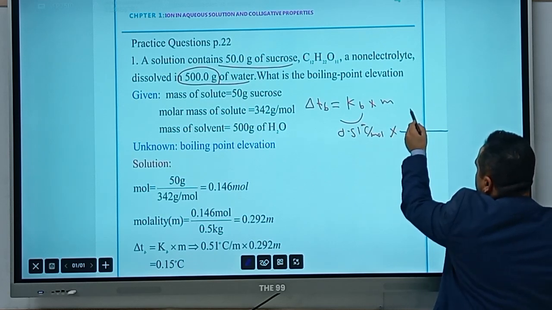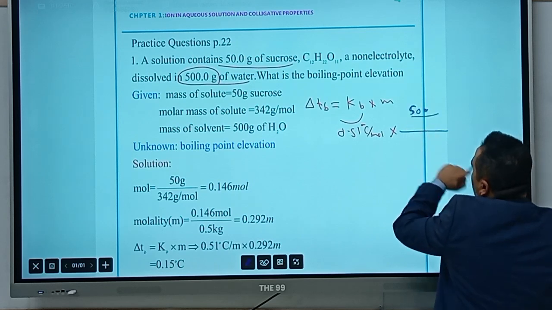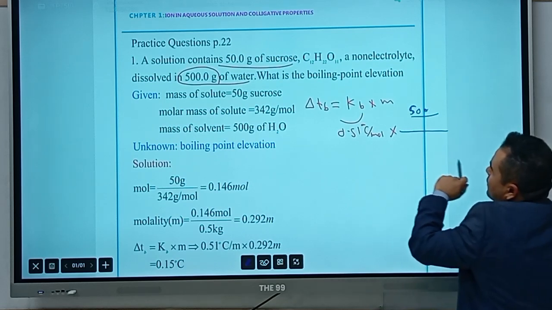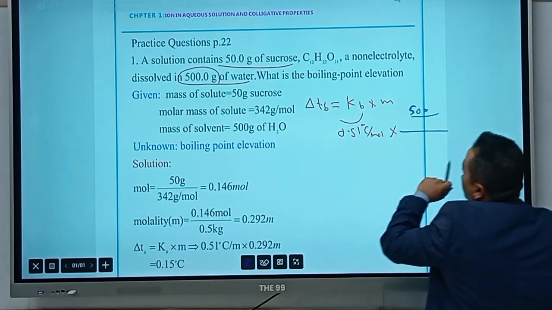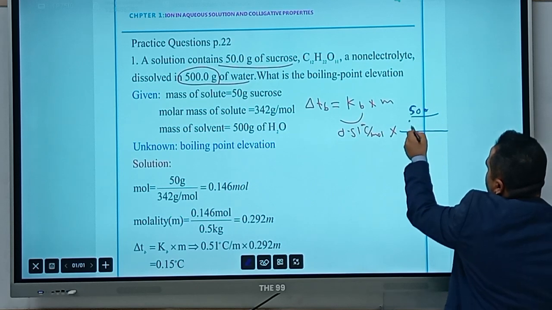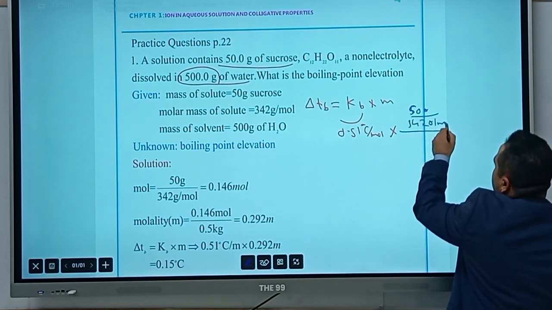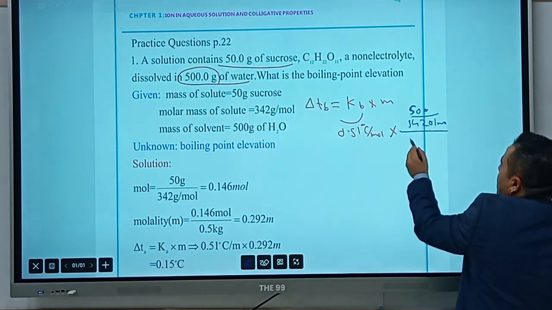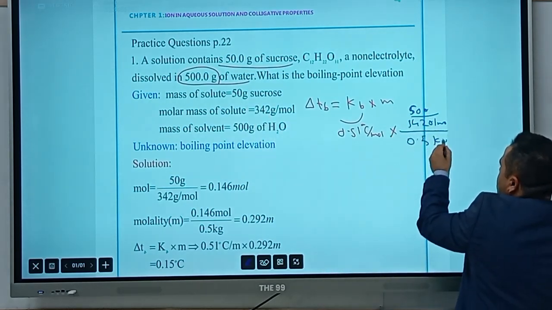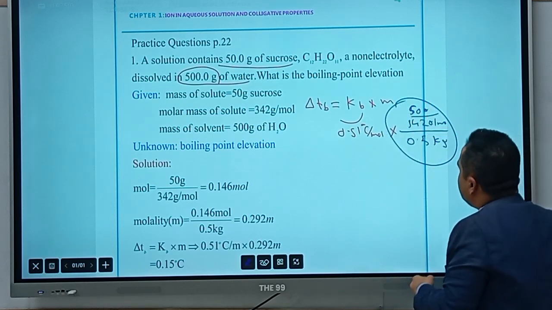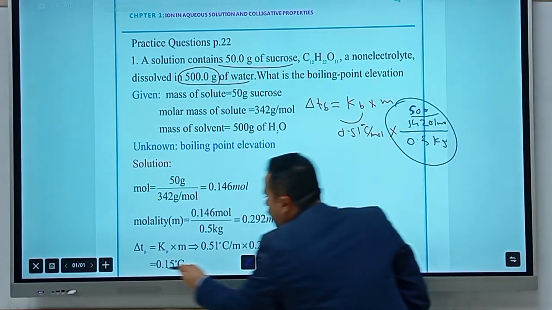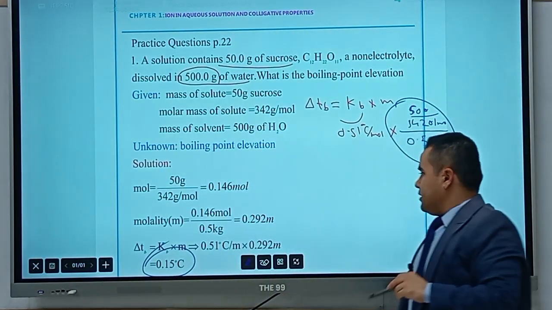We do not have the moles directly, but moles equal mass, 50 grams given, divided by the molar mass of sucrose, 342 grams per mole. The mass of water is 500 grams, which is 0.5 kg. That gives the molality, and multiplying it by the Kb, you get the value of 0.15 Celsius.